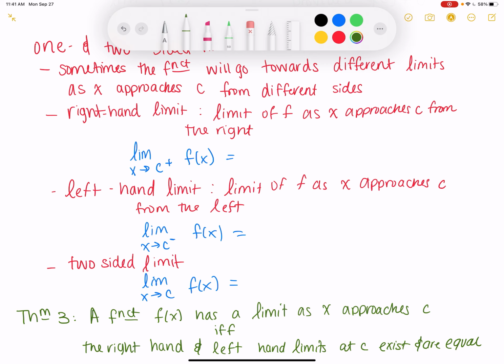Okay, so this is true forward and backwards. I'll show you in symbols what it looks like in a second.